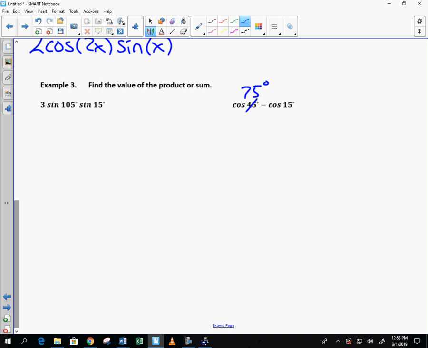So if you look at your product to sum formula here, sine times sine gives us cosine minus cosine. So I end up with 1/2 times cosine of a minus b plus cosine of a plus b.